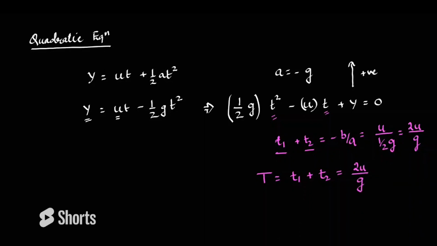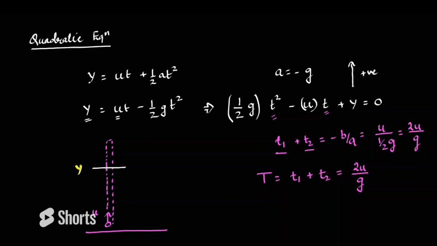And what does this mean in this quadratic equation? When you throw a particle upwards with a velocity u, and it is moving up and coming down, take any position y.